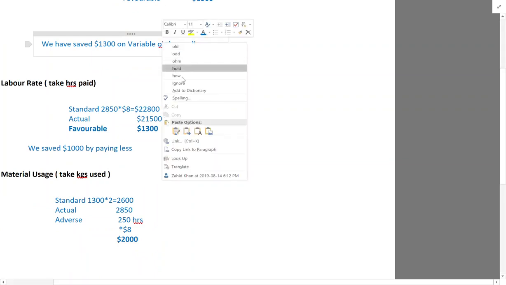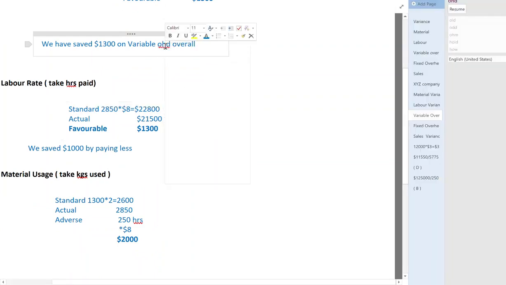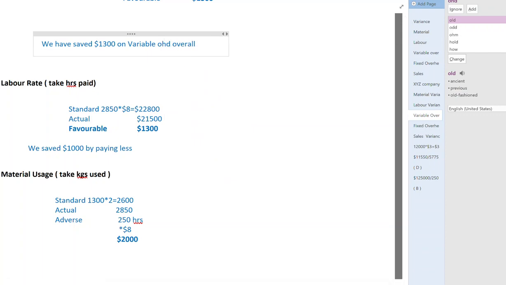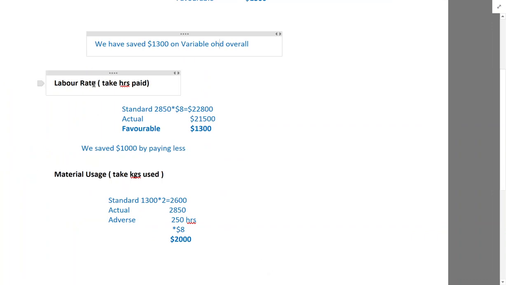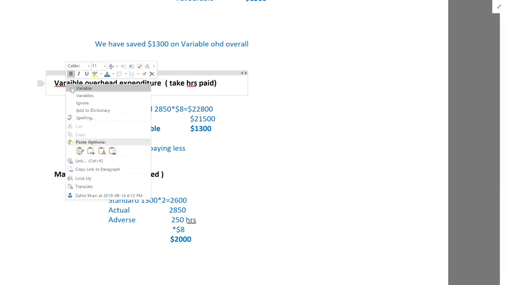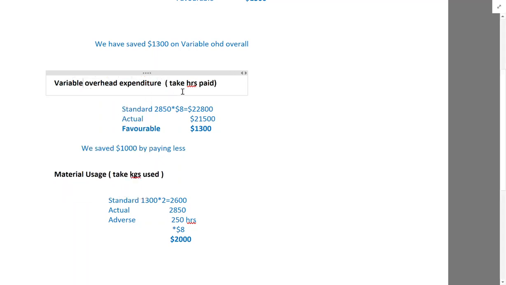Then instead of labor rate variance, we have variable overhead expenditure. Now, when there is, see, common sense. When labor is working, there is overheads. When they're not working, there are no overheads.